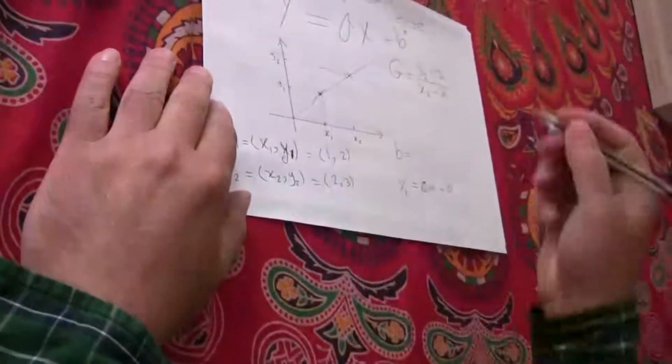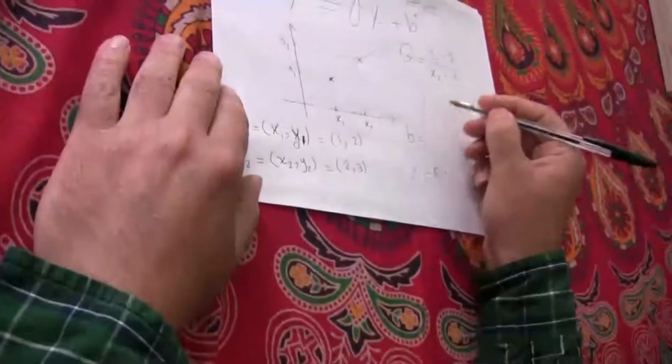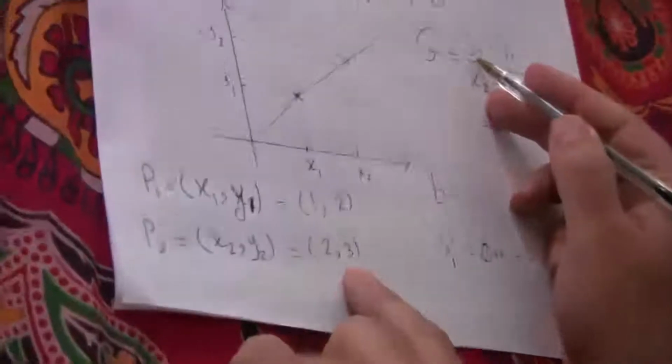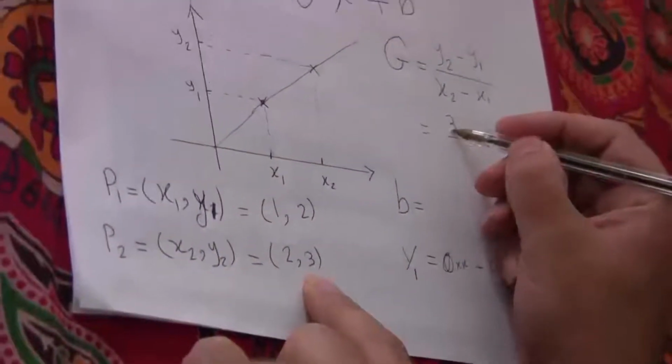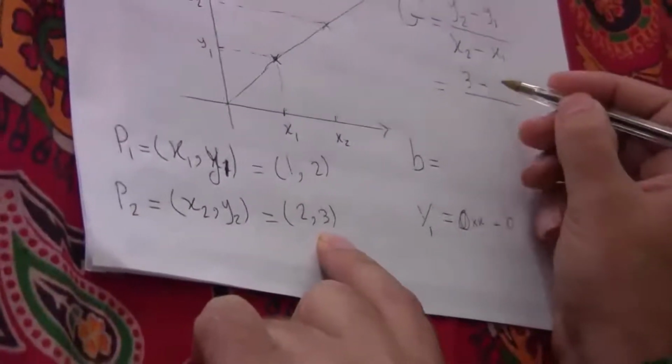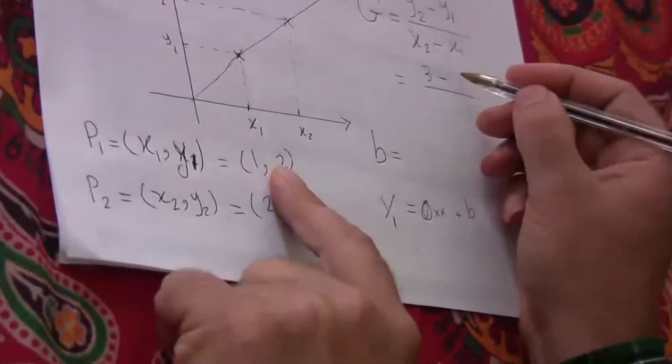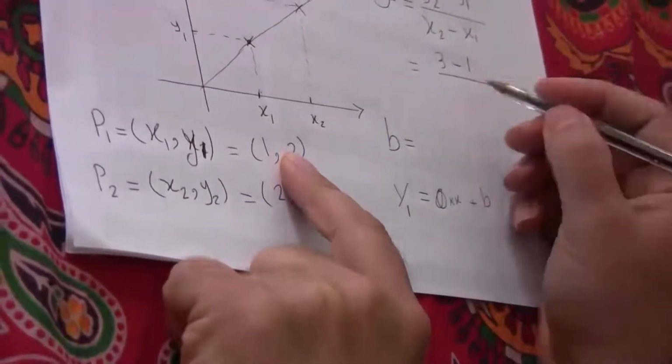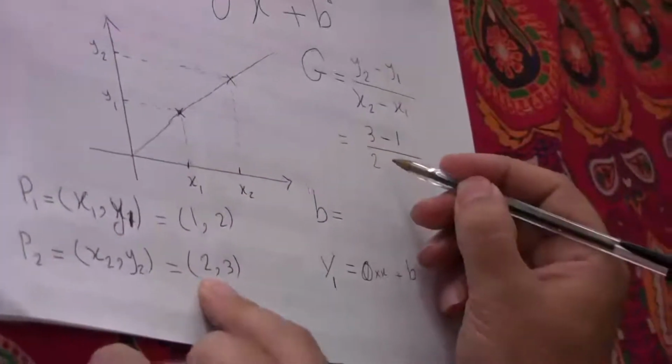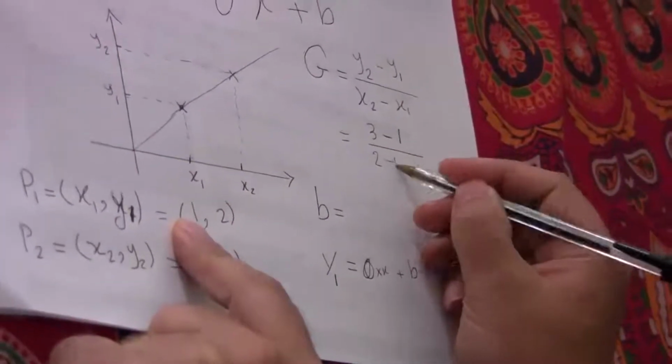Okay, so the gradient equals y2 which is 3 minus y1 which is 2, upon x2 which is 2 minus x1 which is 1.